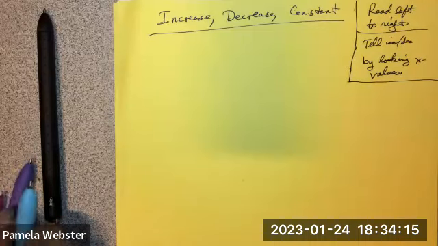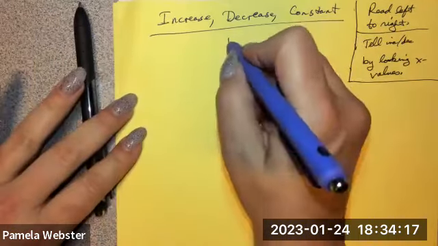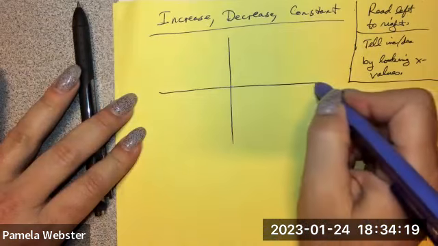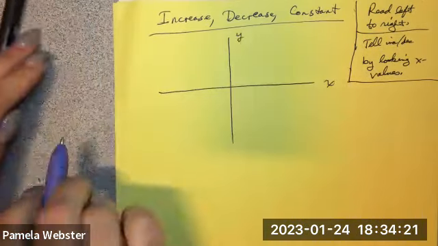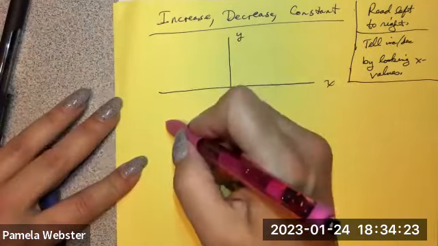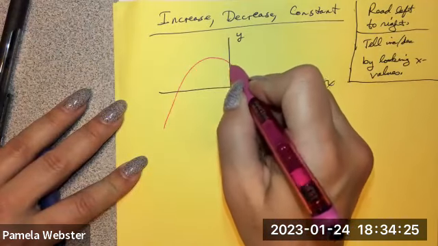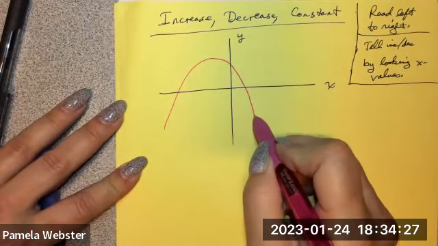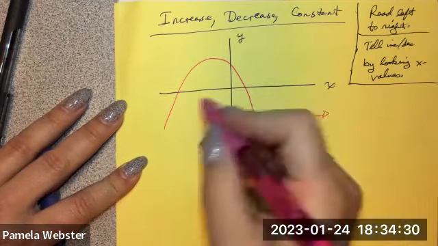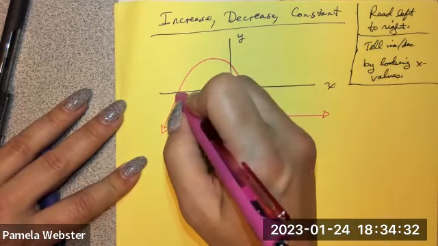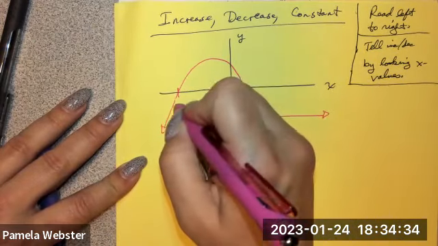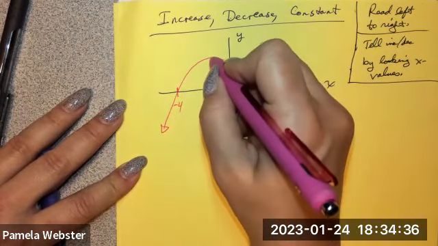So I'm going to give us a graph here. Again, x and y, and my graph is going to look something like this. Okay, and we will just say that this is the point -4.